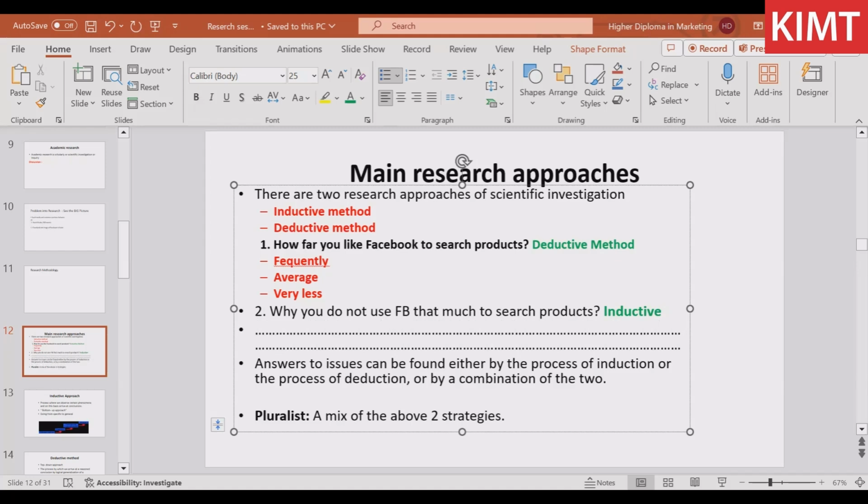This is called inductive research. Deductive research, inductive research: these two terms you should know very properly. So are you clear now, inductive versus deductive? Yes. Right.